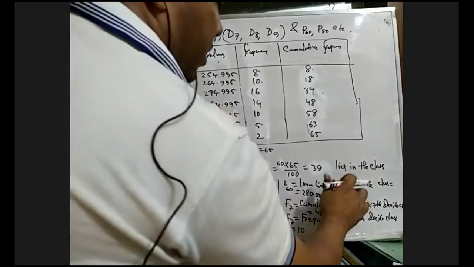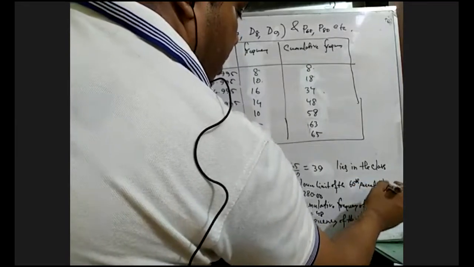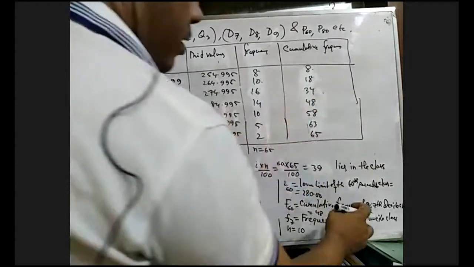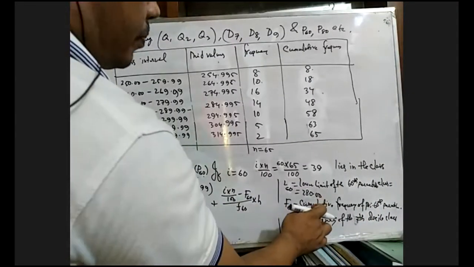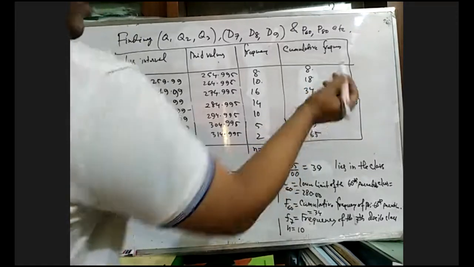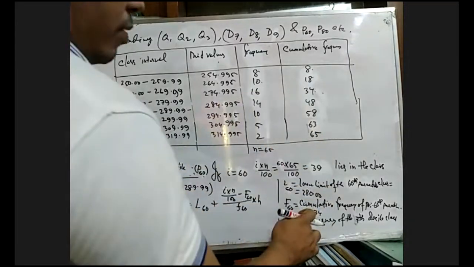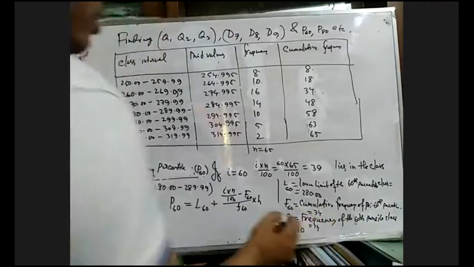The lower limit of the 60th percentile class is 280. F60 is the cumulative frequency of the previous class, which is 34. The frequency of the 60th percentile class is 14, and the length of the class interval is the same.